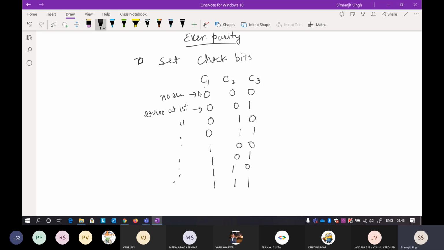There is also a possibility of an error in the parity itself, since even the parity bits that you send can be corrupted. This particular method can easily detect that, because we are taking all 7 positions as well as the one possibility of no error.